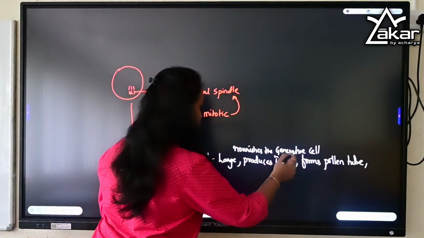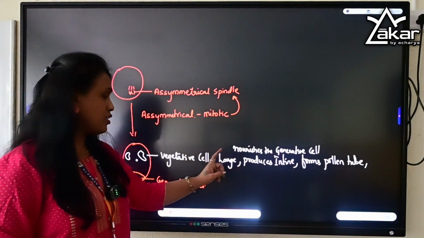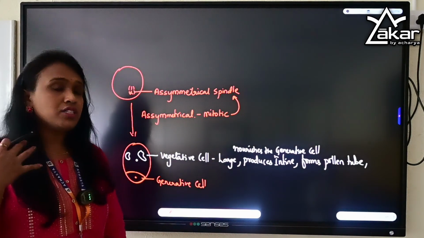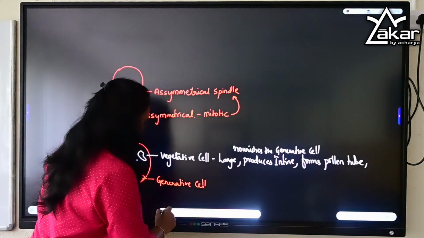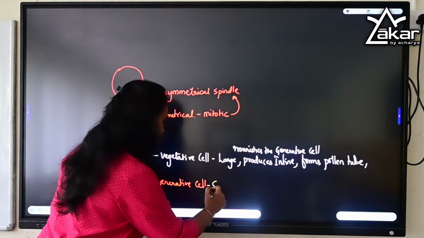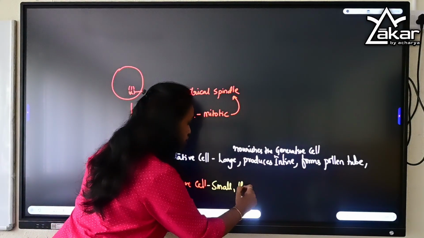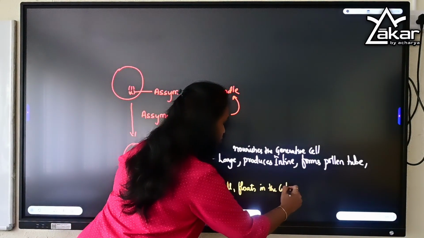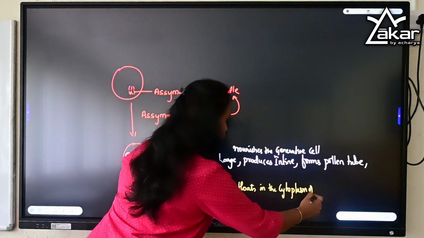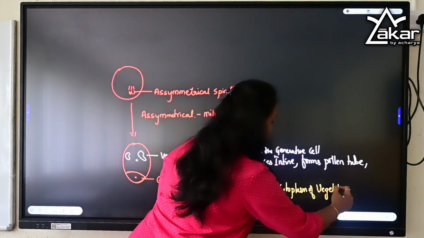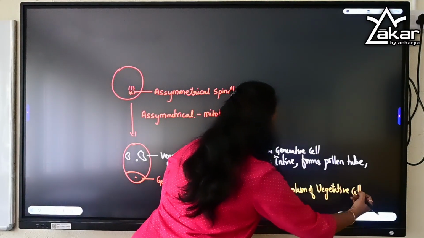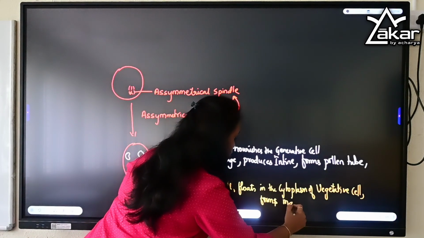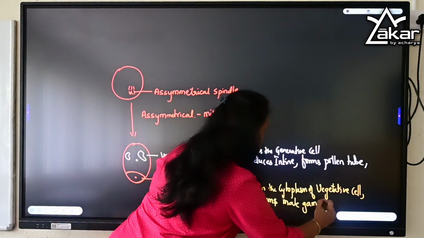So, this vegetative cell is large in size compared to the generative cell, produces intine, forms pollen tube and also nourishes the generative cell. Coming to the generative cell, it is small, floats in the cytoplasm of the vegetative cell, and forms the male gamete. So, that is important.